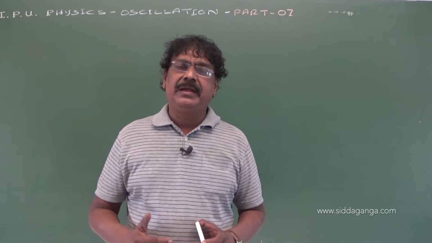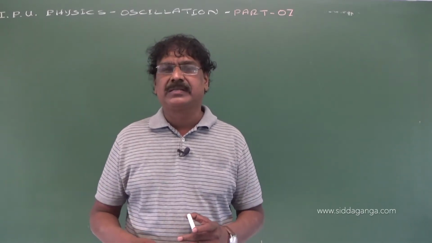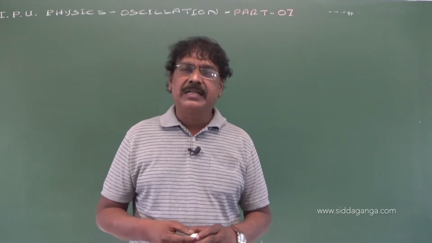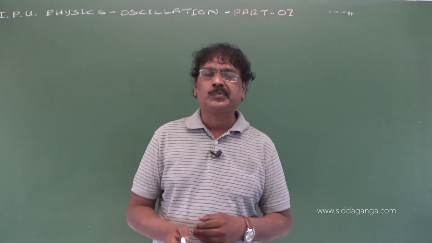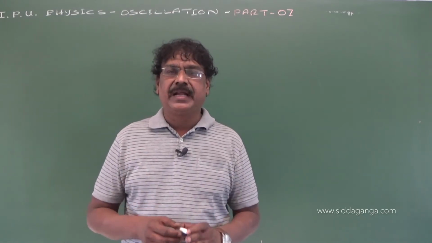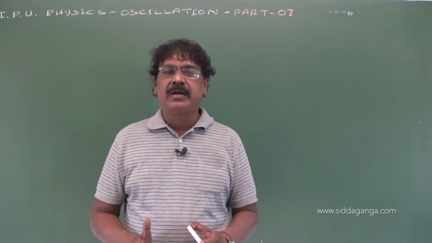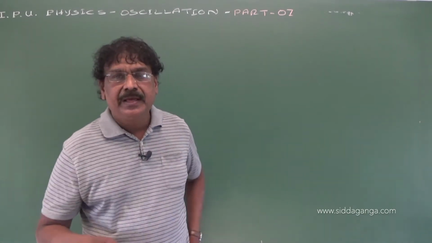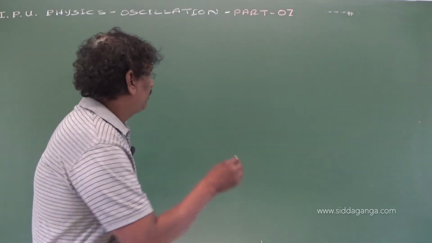Now there may be different restoring forces acting on different bodies, but here our discussion is confined to a restoring force that causes simple harmonic motion in a body, and we have derived this equation.